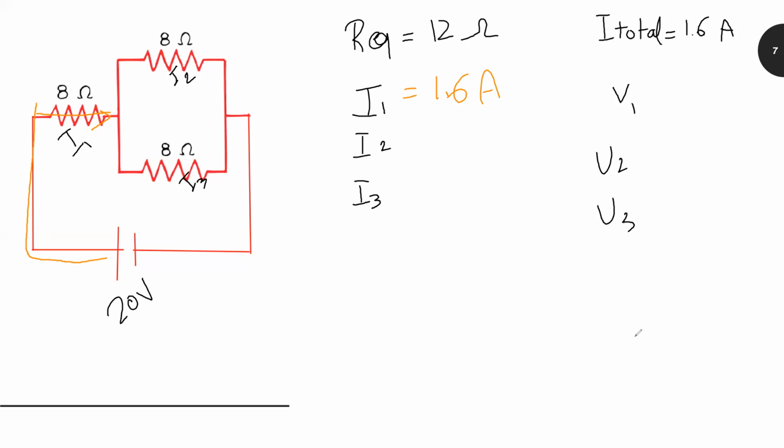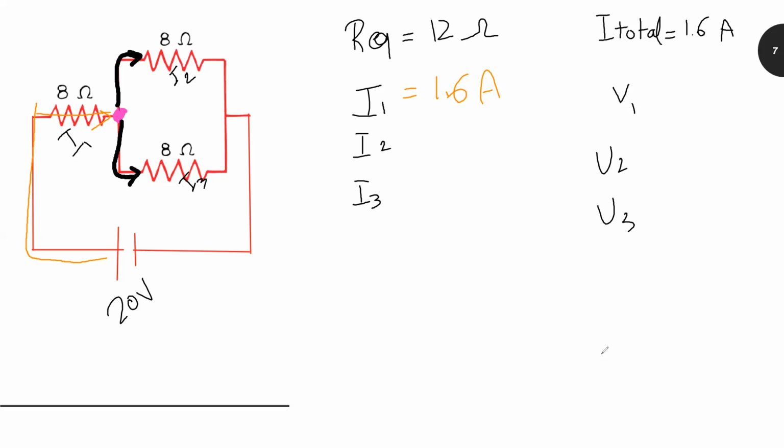But when it reaches this point, what do we find? We have two ways here. Where should I go? Should I go up or down? We have to go to both ways. That's why I told you that the current in the parallel branches is distributed.